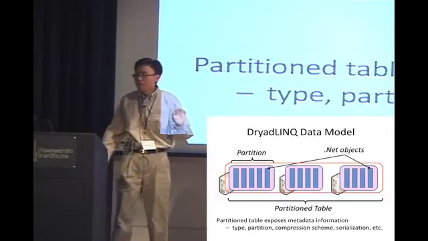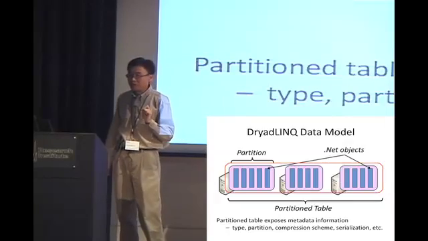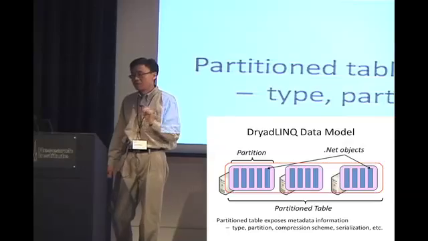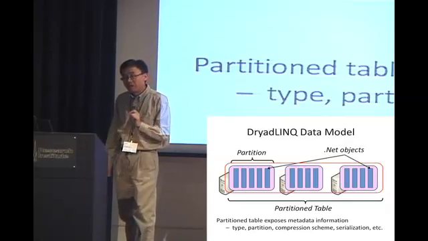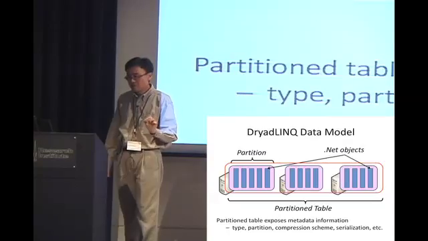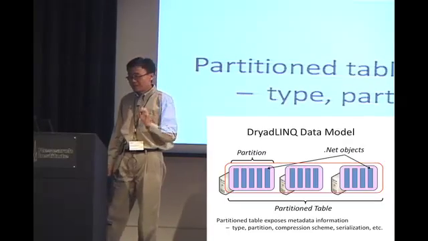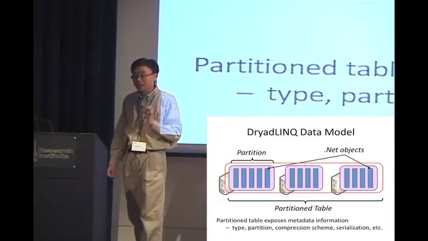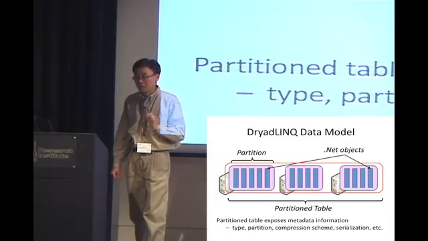And the partition table exposes metadata information. For instance, the type of the objects, how it is partitioned, whether it's hash partitioned or range partitioned, what the range keys are, and also what the compression scheme is. Even the serialization code is part of the metadata of the table.